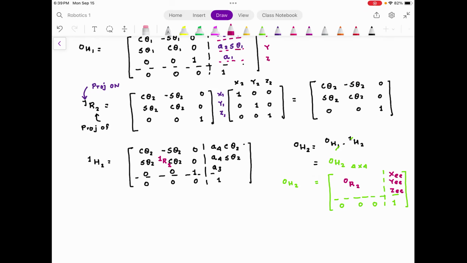Now, once the forward kinematics problem is solved, we are going to solve the inverse kinematics problem, again using MATLAB. Please understand, inverse kinematics is an entire chapter in the textbook.